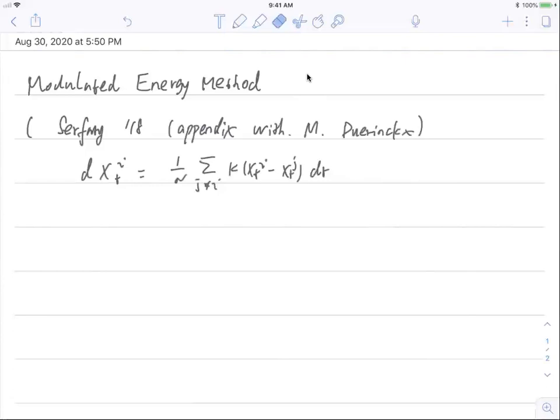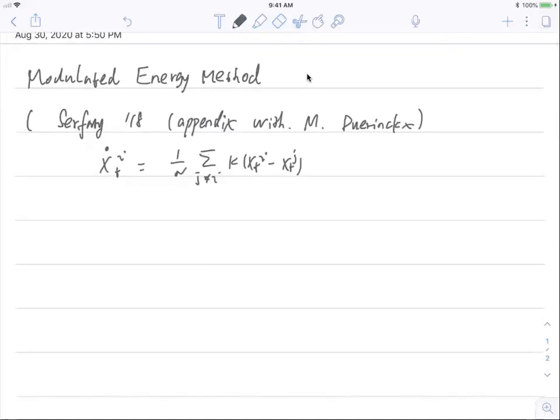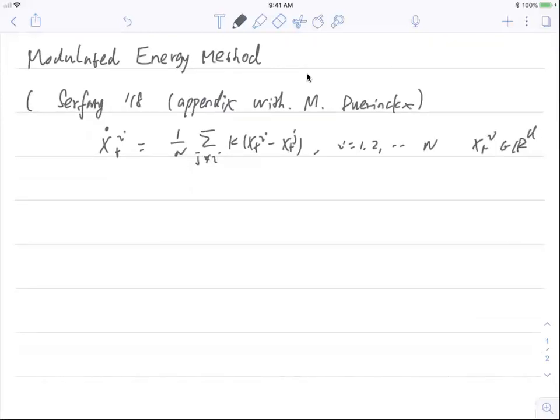So usually we just write the time derivative as dot. So i equals 1 to N, and all the x_i are in R^d. In particular, they consider the following system.